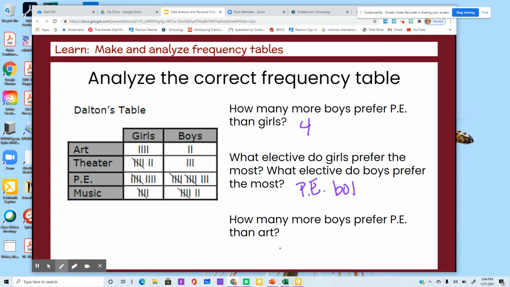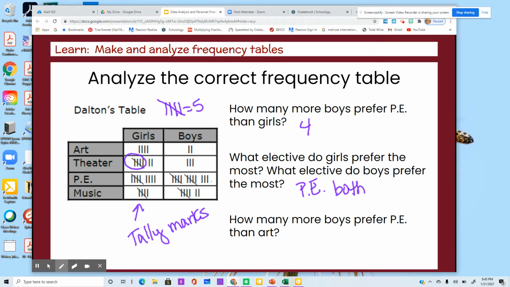And we're just taking a look at these marks here, which are called tally marks. If you notice, when you have a grouping like that, that equals 5. So it's 1, 2, 3, 4. That equals a count of 5. So it's easy to count 5, 10, 13 for PE, and so on.